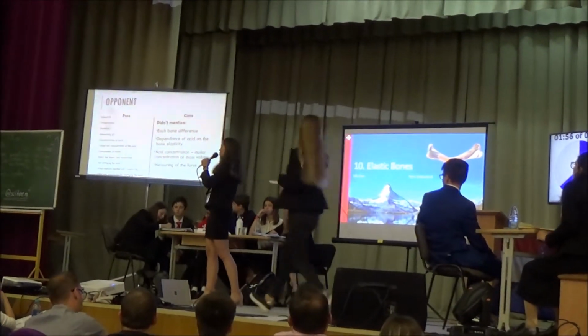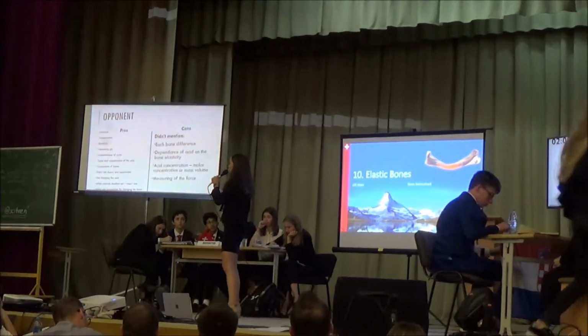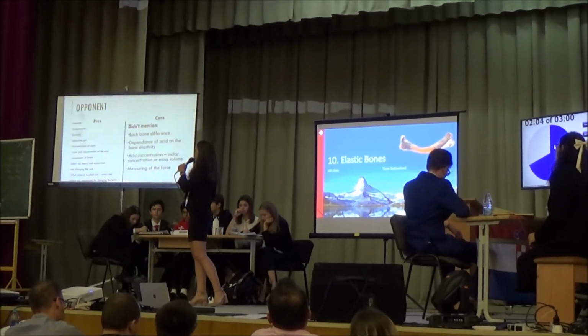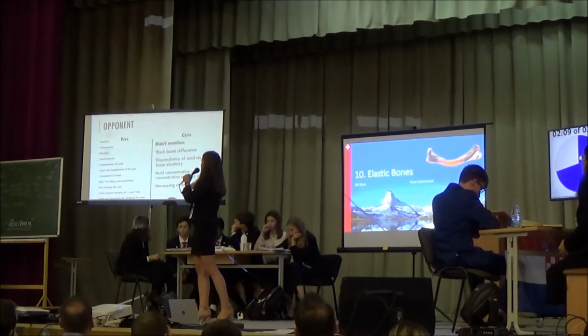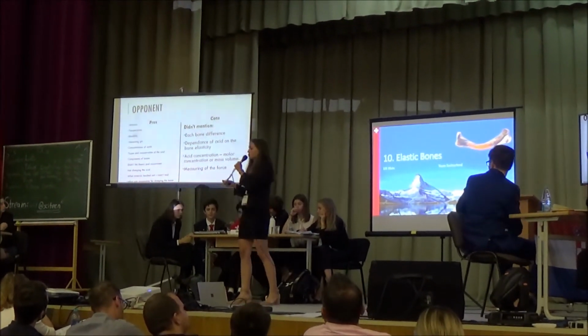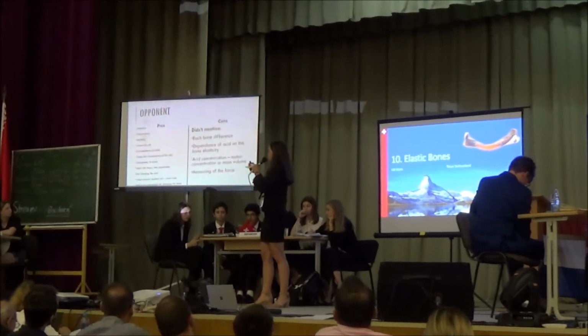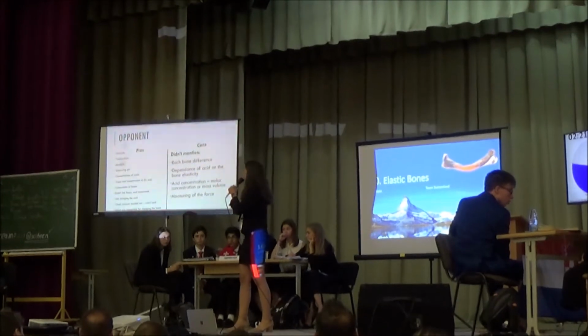So for the opponent, she asked for minerals, temperature, elasticity of the bone, and if she measured pH value. She asked for concentration of the acids, and as for types and concentration of the acid, she asked for components of the bones, and she said that the report didn't link theory and experiment, which I agree with.